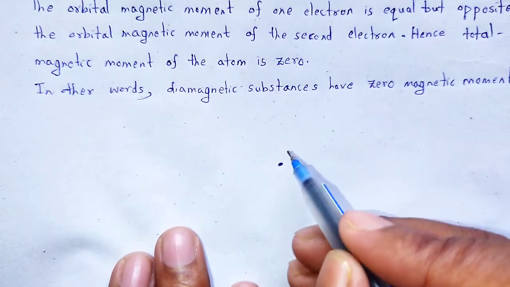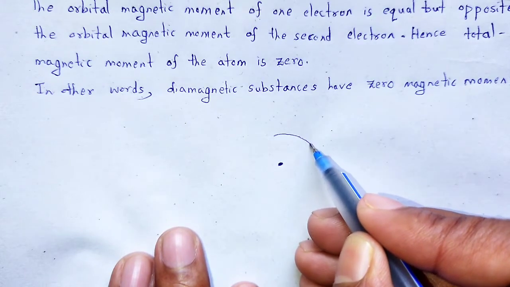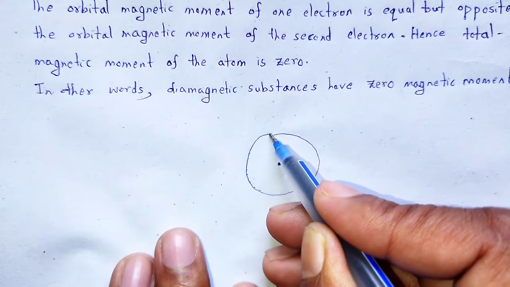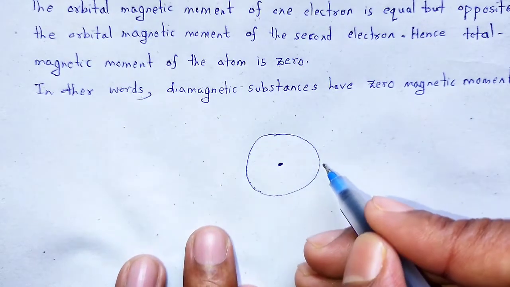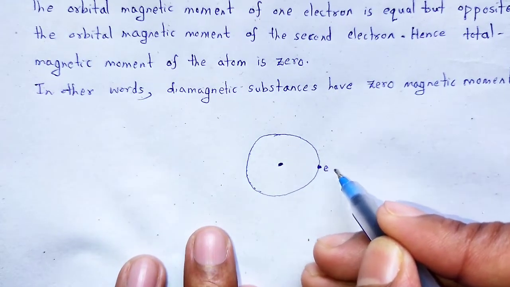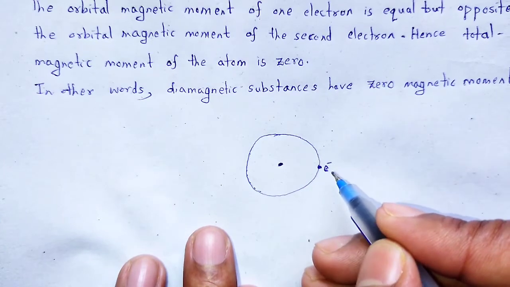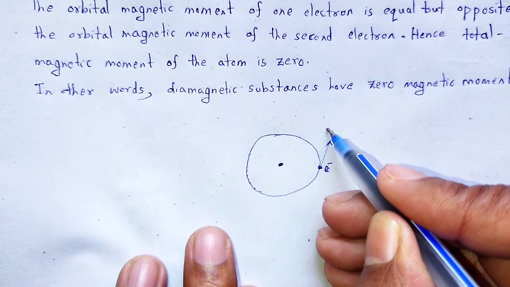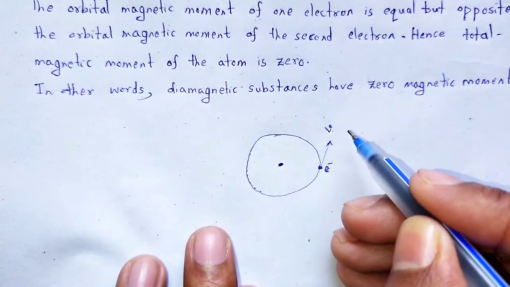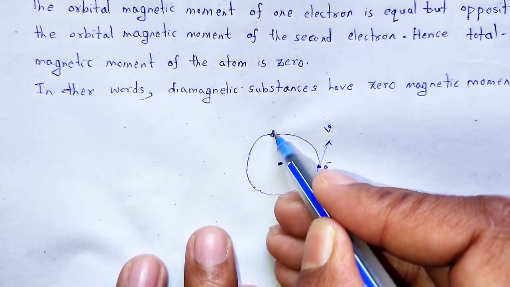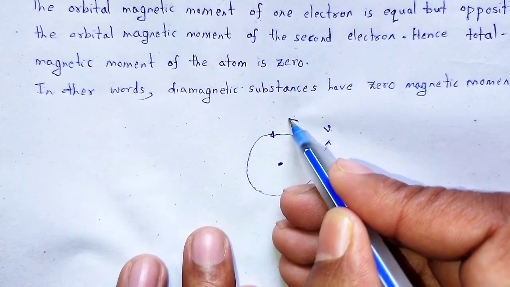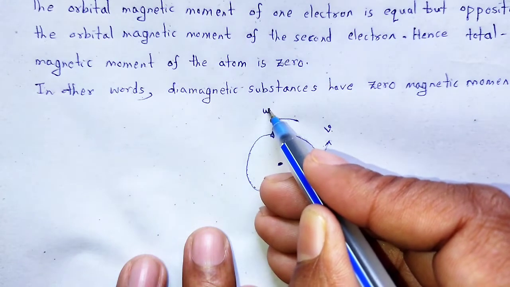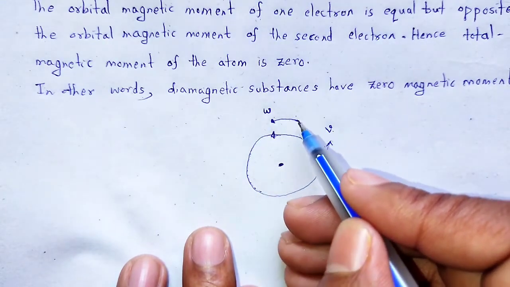That is the nucleus. Around the nucleus, an electron revolves. Let it have velocity v and angular velocity omega.